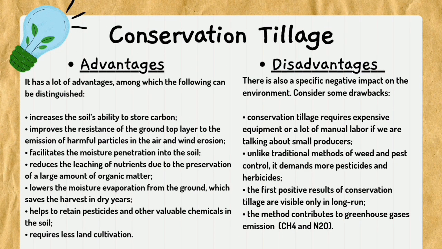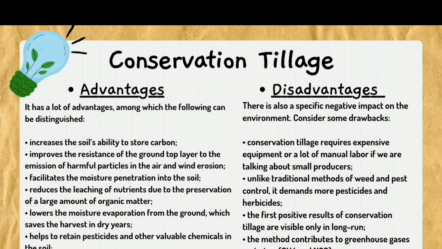Conservation tillage has advantages and disadvantages. It has a lot of advantages, among which the following can be discussed. First, it increases the soil's ability to store carbon. It also improves the resistance of the ground top layer to the emission of harmful particles in the air and wind erosion.